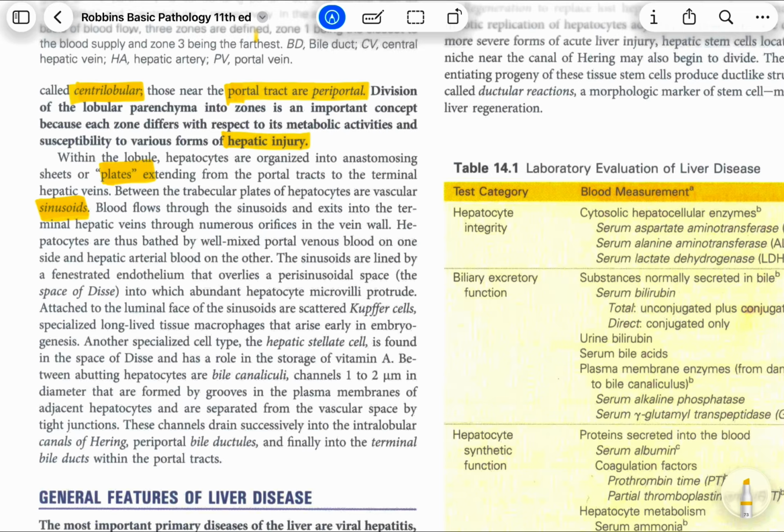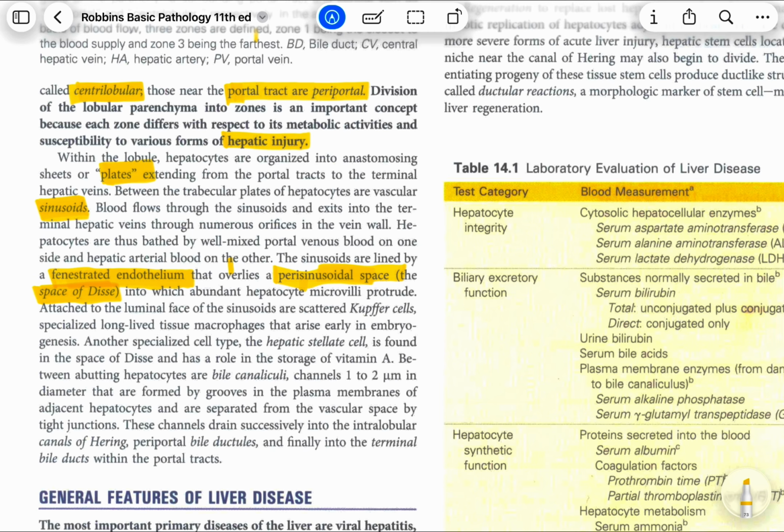The hepatocytes are bathed by well mixed portal venous blood on one side and hepatic arterial blood on the other side. The sinusoids are lined by fenestrated endothelium that overlies a perisinusoidal space, known as the space of Disse, into which abundant hepatocyte microvilli protrude.